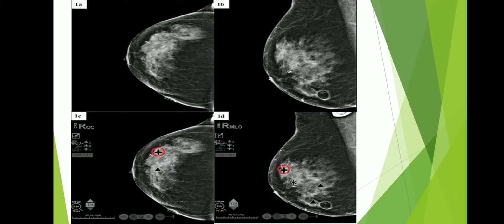You can see here the software system is also describing the meaning of the symbols. On the side of the screen there is text written in a coded language which a radiologist can understand in a better way, because they have knowledge of the software, how the software works and how the symbols are representing the particular areas.